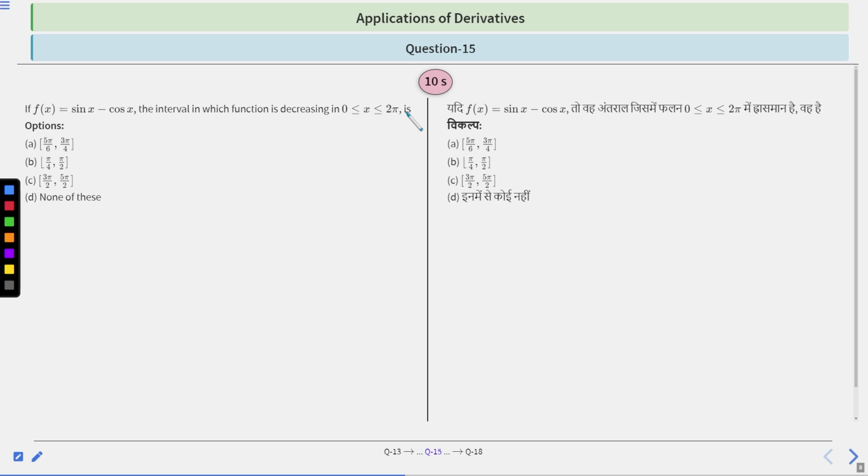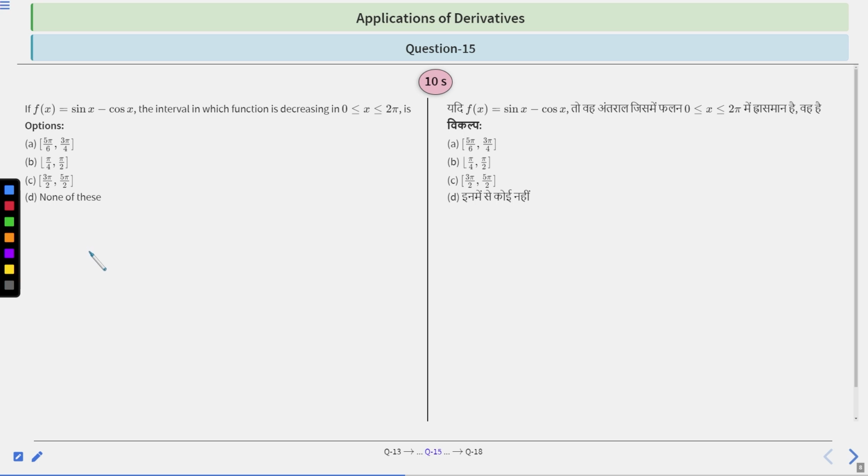So first we will calculate f dash x, and after that we have to find in which interval f dash x is less than 0, because we have to find the interval in which function is decreasing, clear. So fx is given, we can easily calculate f dash x and put f dash x less than 0, right. So from 0 to 2 pi you will get the interval, right.